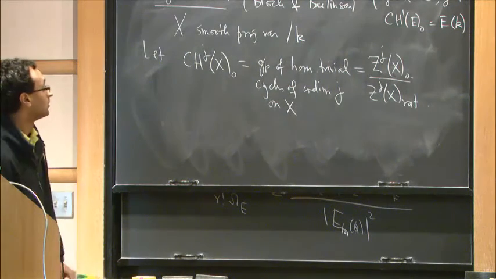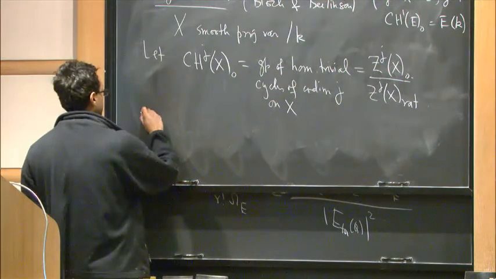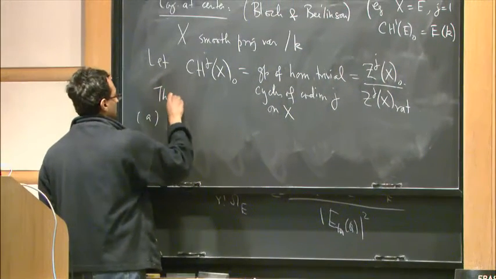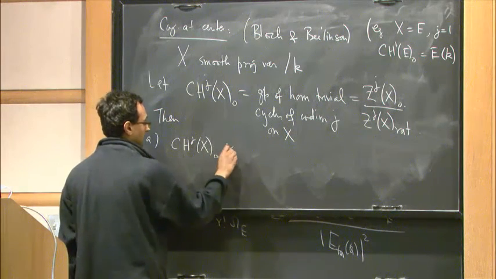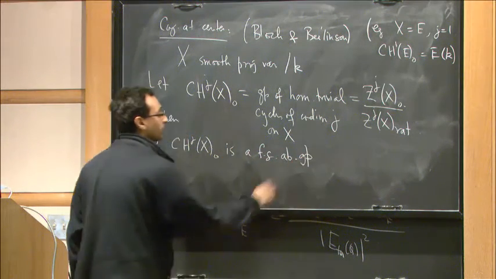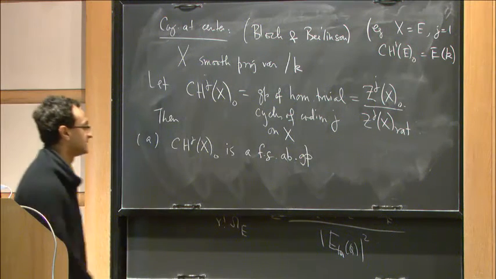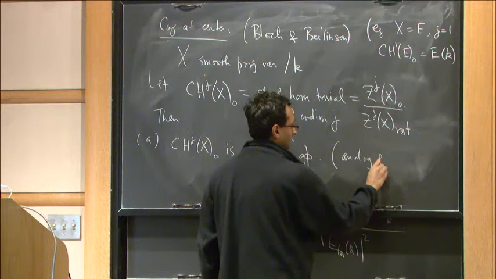Okay, so the conjecture is going to say something about this group. The first part of this conjecture is that Chow^j(X)_0 is a finitely generated abelian group. Okay, so this is the analog of the Mordell-Weil group being finitely generated.